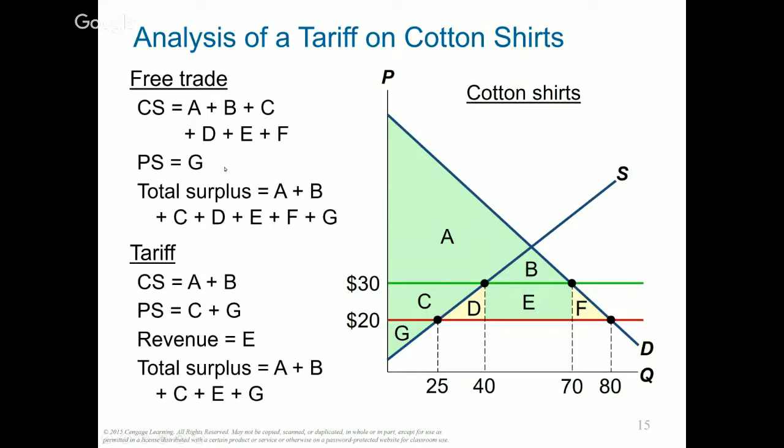And then if you notice, areas D and F, we don't have them anymore, and nobody has them anymore. So areas D and F, we call this the deadweight loss. So with a tariff, you're going to benefit your producers, you're going to hurt your consumers, and the loss to consumers is more than the gain to producers.